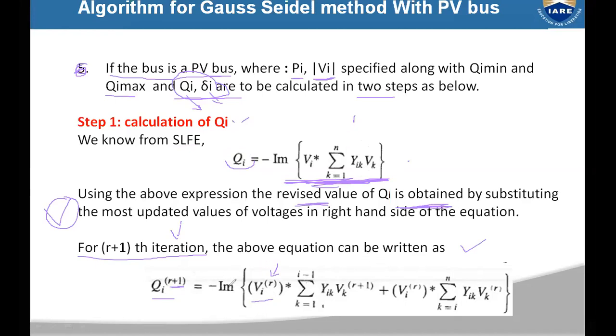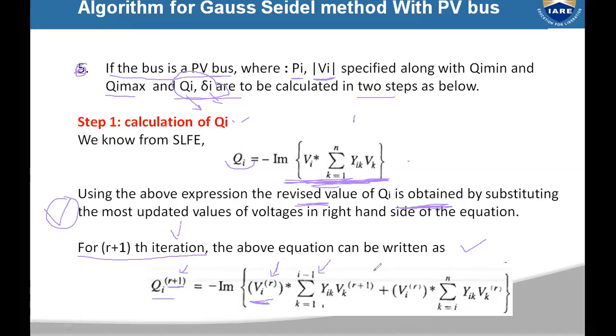You are determining Q_i at the (r+1)th iteration, so the voltage on the right hand side is V_i^r, the calculated value at the rth iteration, into sigma k equals 1 to i minus 1.